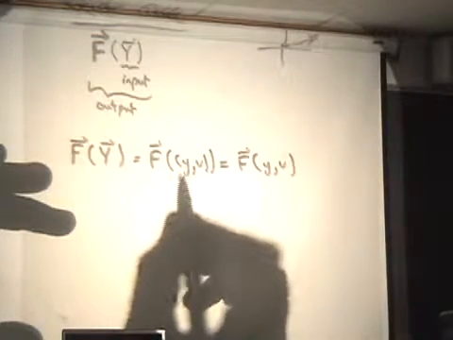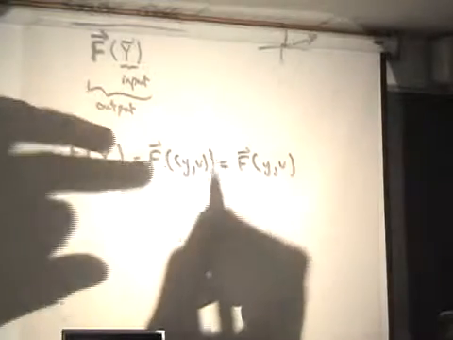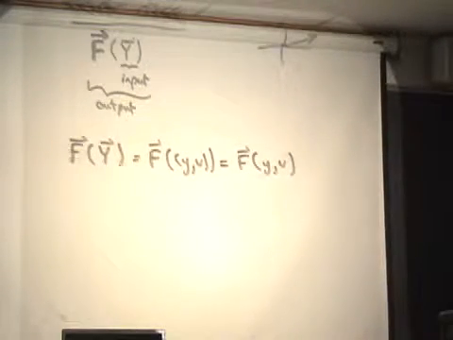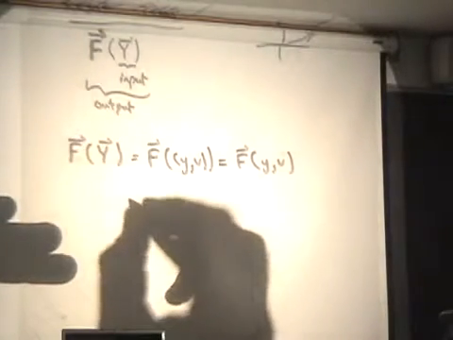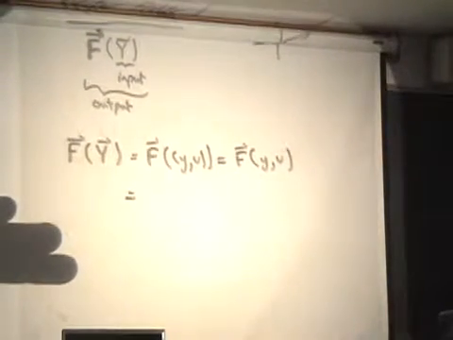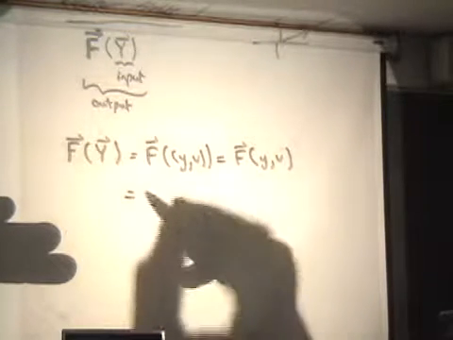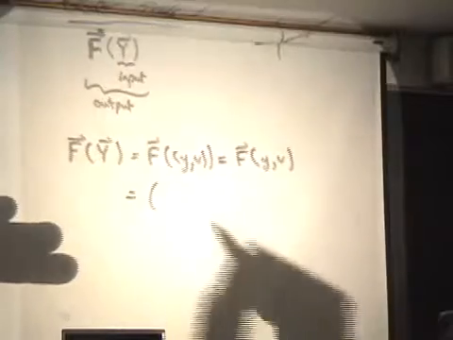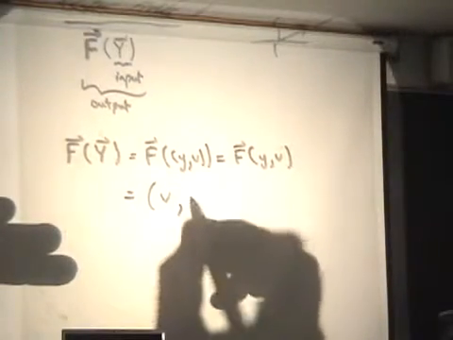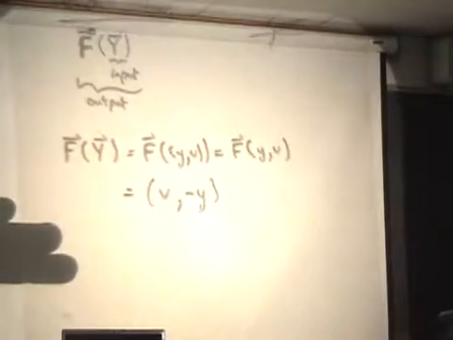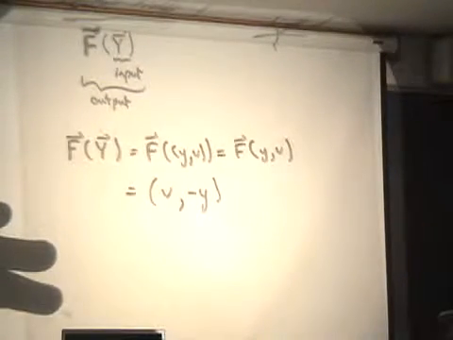I did it here to emphasize that it's a point, whereas these outer parentheses are just specifying that that's the input of the function. That's going to be my input, my arbitrary input, (y, v), and my output is going to be v for the first component of the output and negative y for the second component.